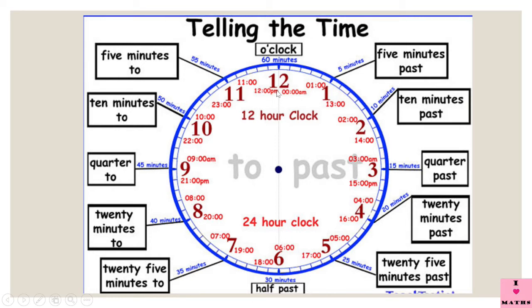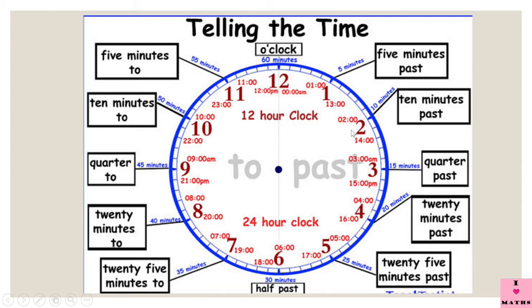So children, for changing 12-hour clock to 24-hour clock, starting from 1 p.m., we have to add 12 to the hours. 12 plus 1 is 13. So 1 p.m. is 1300 hours. 12 plus 2 is 14.